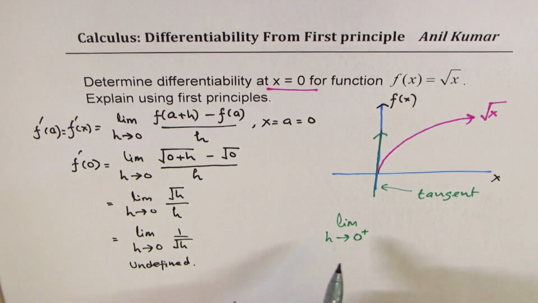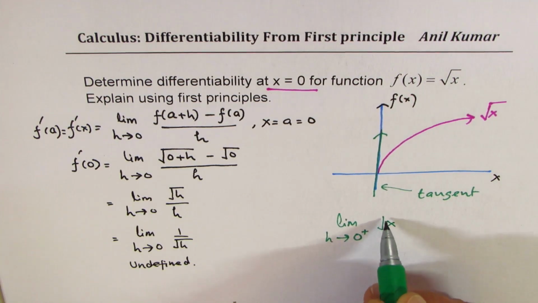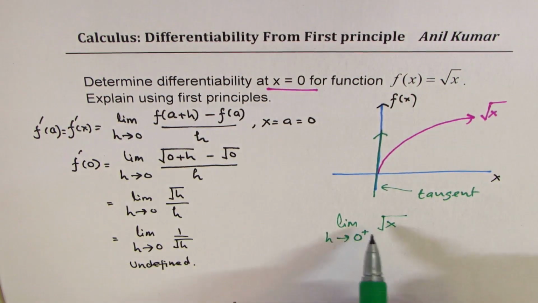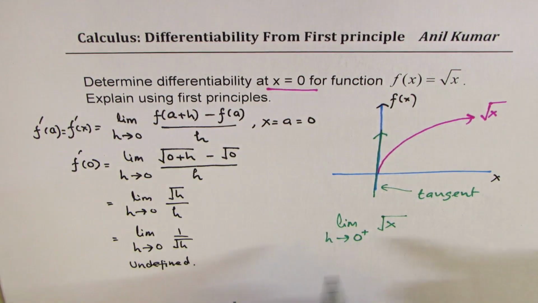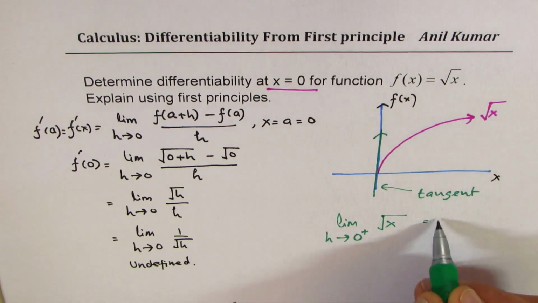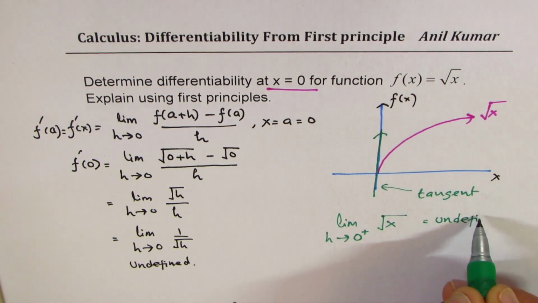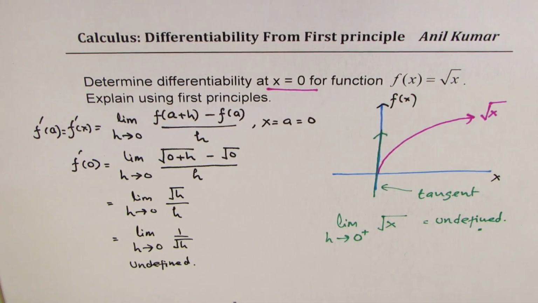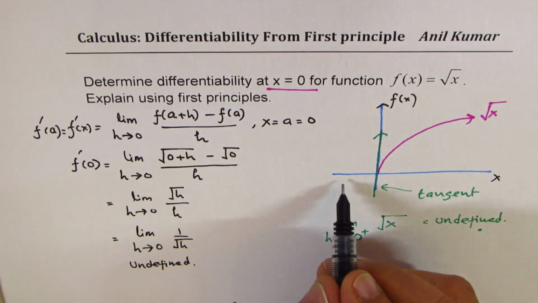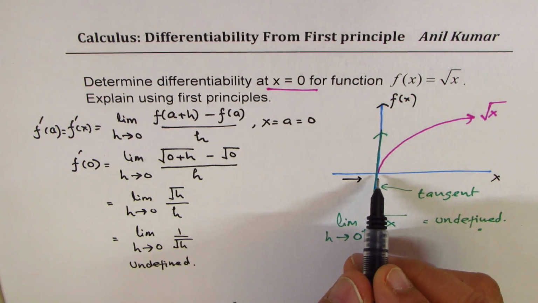Do you see that? Of this particular function square root of x, right? I should say from the right side it is undefined. You should notice that we cannot approach from the left side since it is a boundary condition.